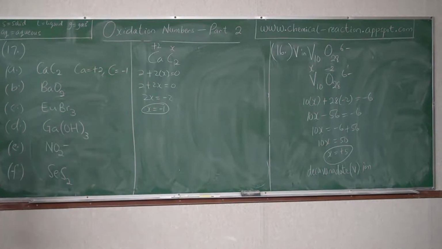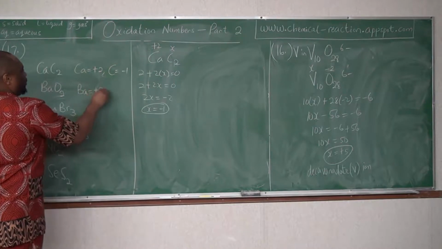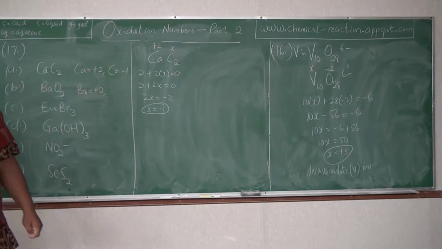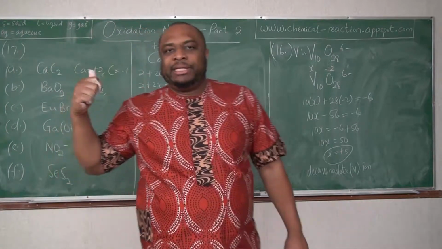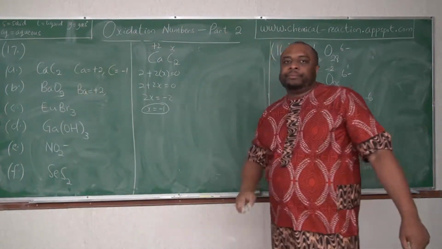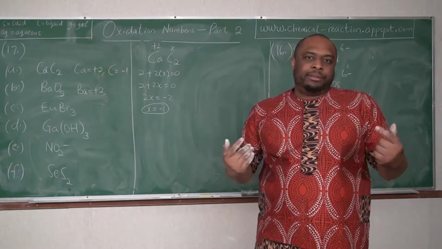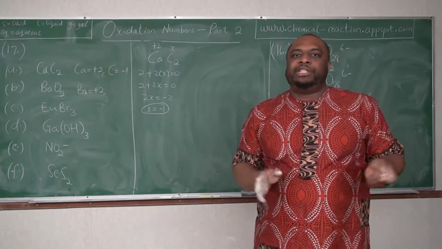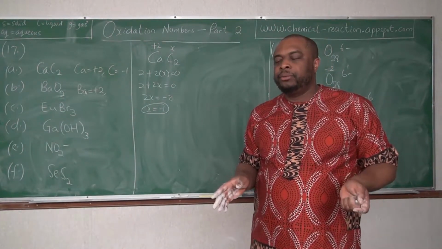Barium is plus 2. Remember, barium is a group 2 element in the periodic table. We discussed this in part 1. Group 2 elements are the alkaline earth metals, and their oxidation numbers are always plus 2.